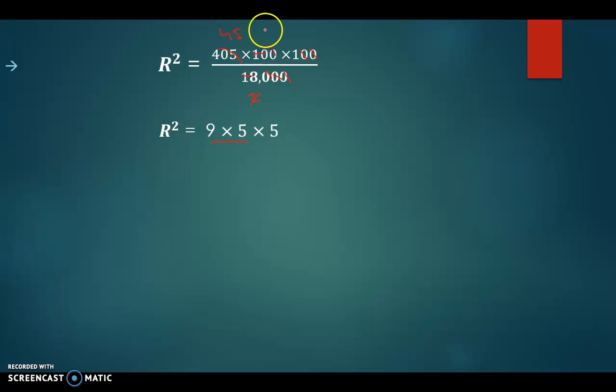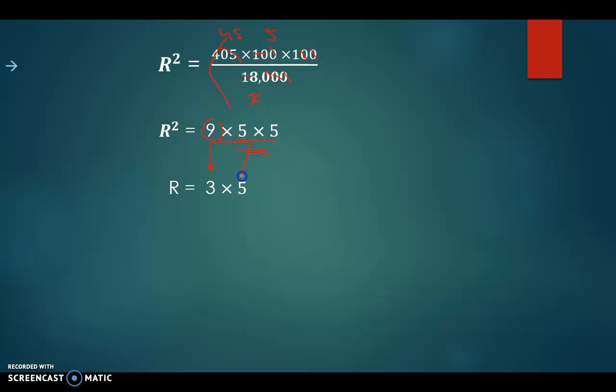And 10 upon 2 is 5, so here is a 5. So R square is equal to 9 multiply 5 multiply 5, where 5 multiply 5 is 25.